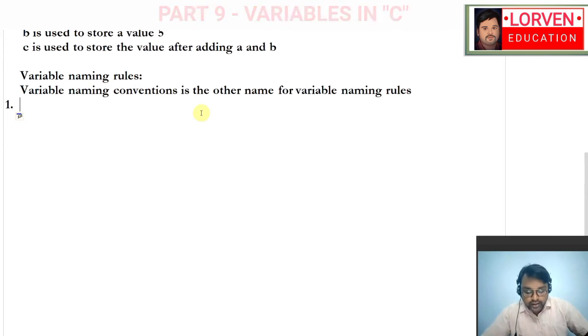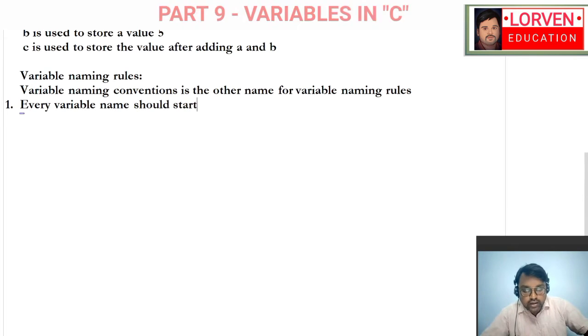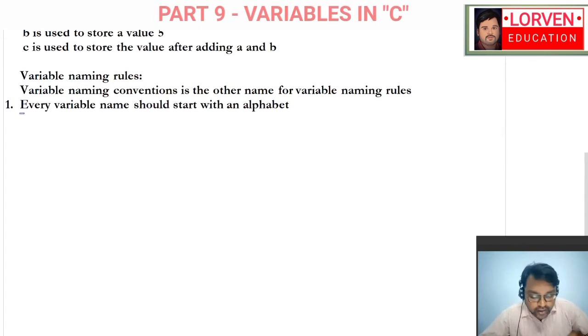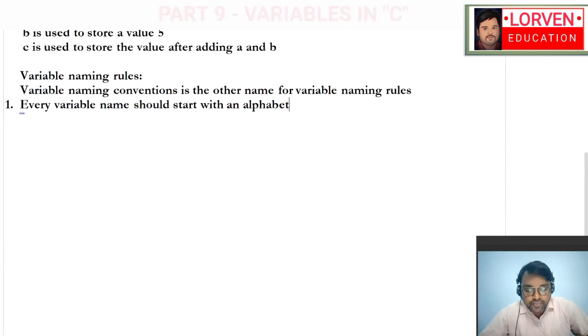Every variable name should start with an alphabet. Keep in mind that whenever we are giving some names to variables, every variable name should start with an alphabet. I will take some examples here.